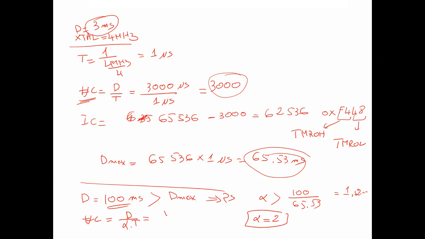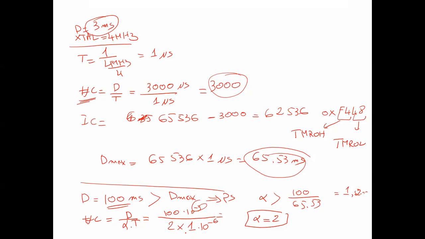Our delay is 100 times 10 to the power of minus 3, divided by alpha, which is 2, multiplied by 1 microsecond, which is 10 to the power of minus 6.